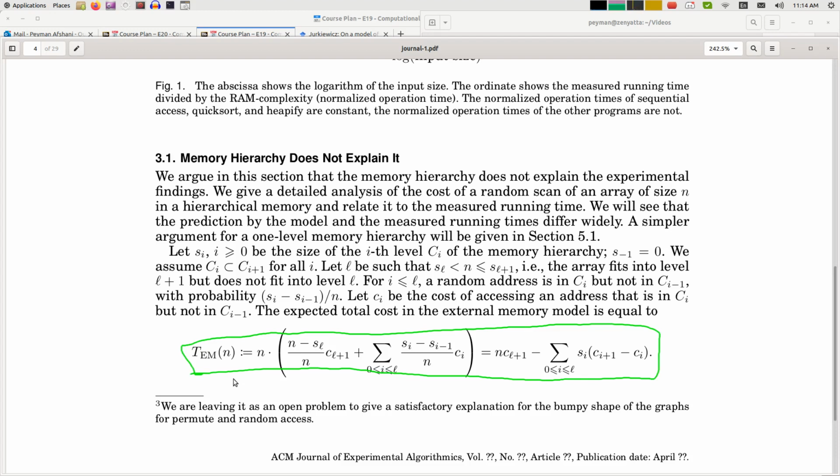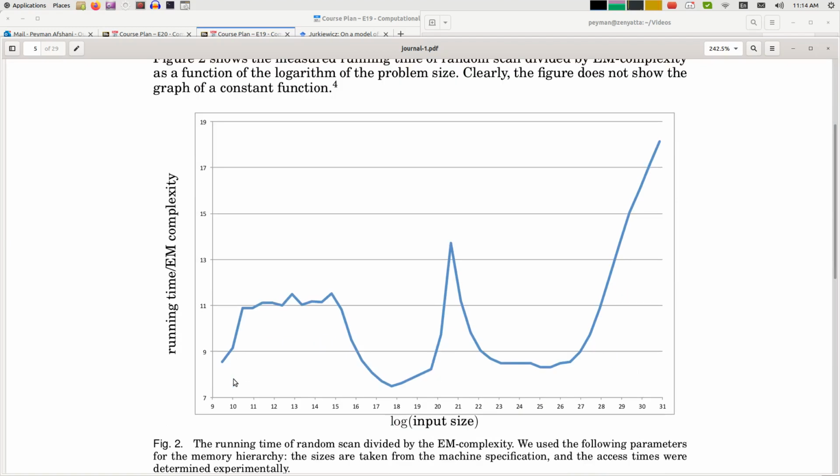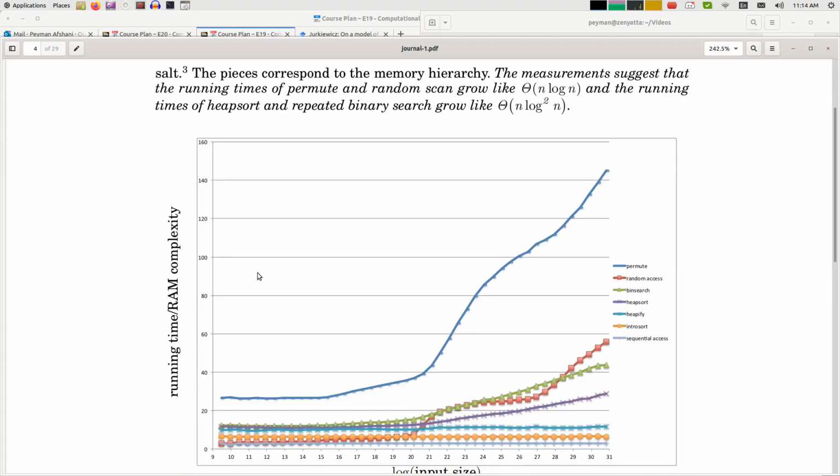On top of that, I would also want them to do the division based on the actual number of cache misses that they have, instead of the theoretical IO complexity. Even more convincing would be to go back to the plot that they had before and see whether or not these fluctuations actually make sense with respect to the sizes of the caches.